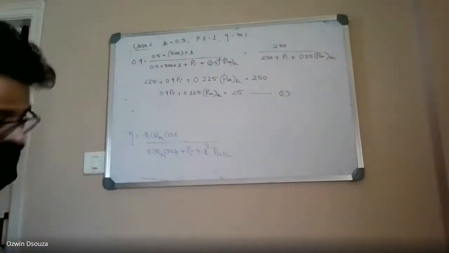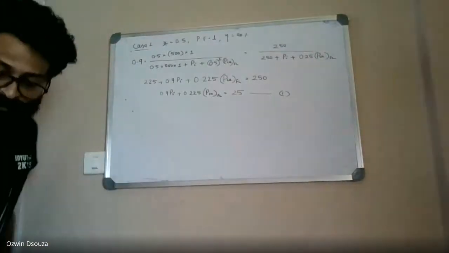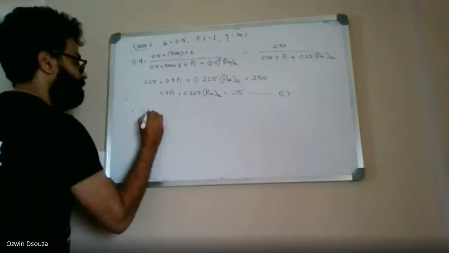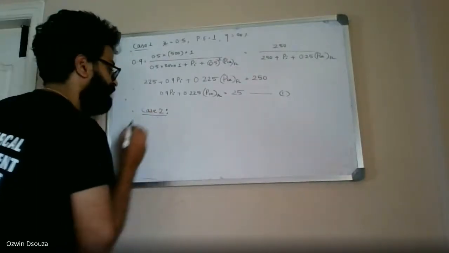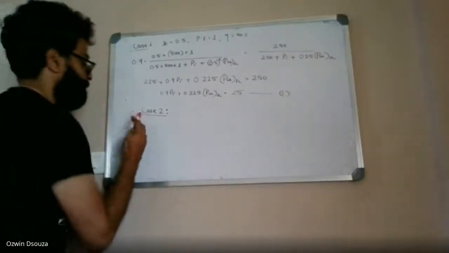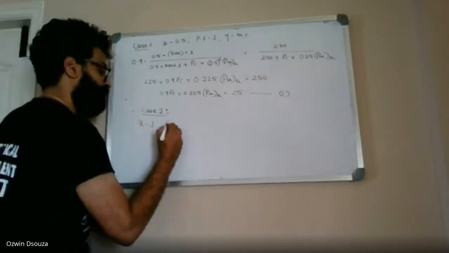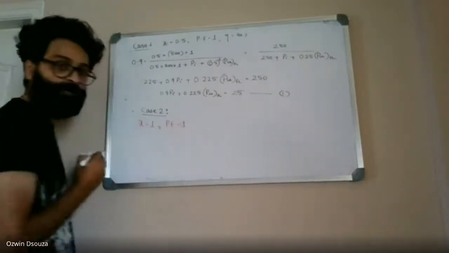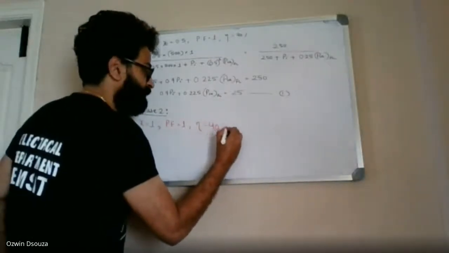So once you have this equation, you can go for the second case. So here you write case 2. Now in case 2, they have mentioned that X is full load, power factor remains the same, that is unity, and efficiency is 90%.